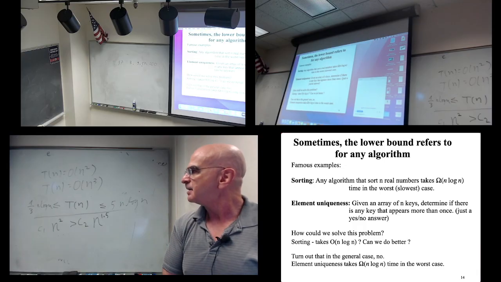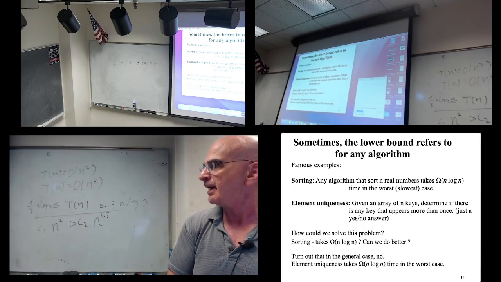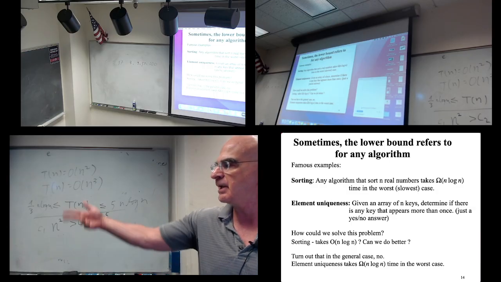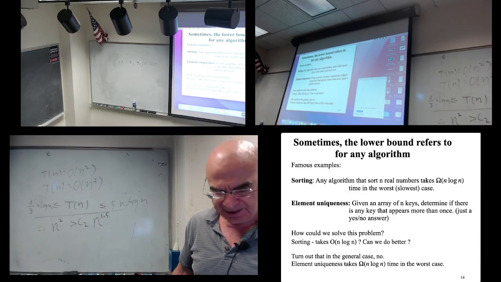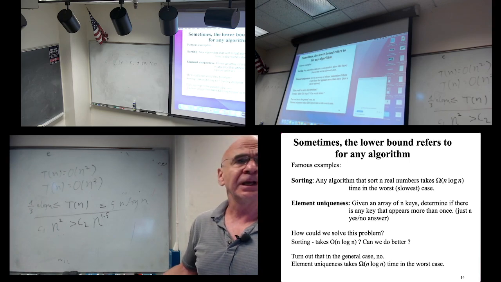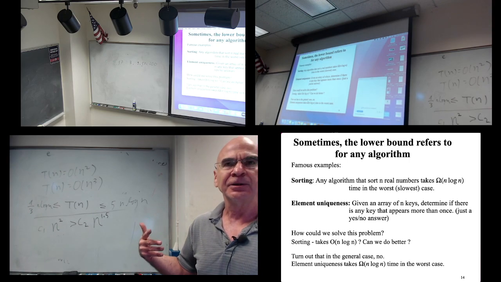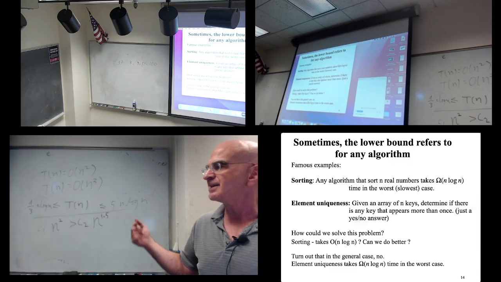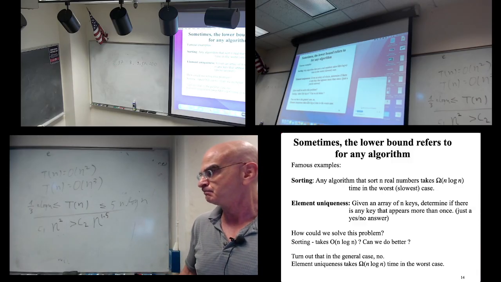So this is one of the problems that has a lower bound. Any algorithm that solves element uniqueness should take at least n log n time in the worst case, including hashing, by the way, except that in hashing you could argue that the probability that it takes n log n is very low.